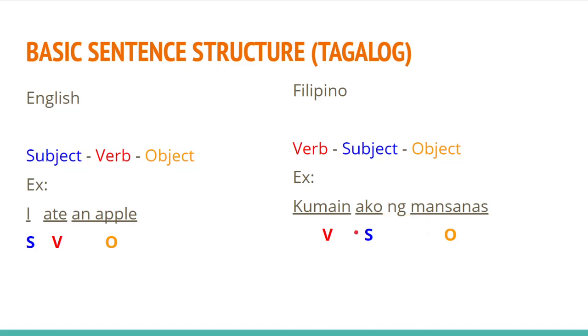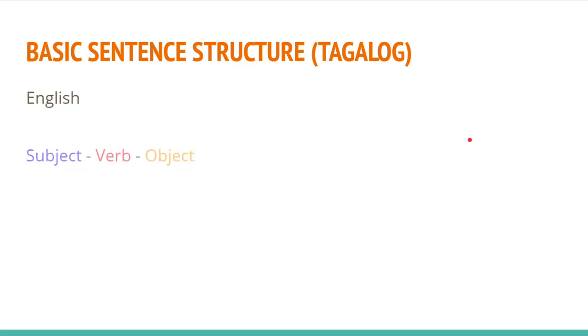So this is the first sentence structure in Filipino: start from the verb, followed by the subject, next is the object.